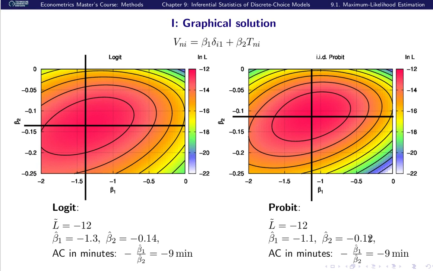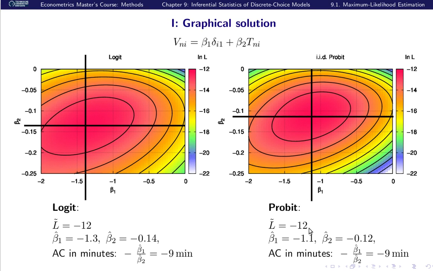Why is this so? That's because the random utility here has a standard deviation of 1, and here the Gumbel distributed random utilities have a standard deviation of pi divided by square root 6, which is about 1.28. So it's expected that these are smaller by division by this factor.